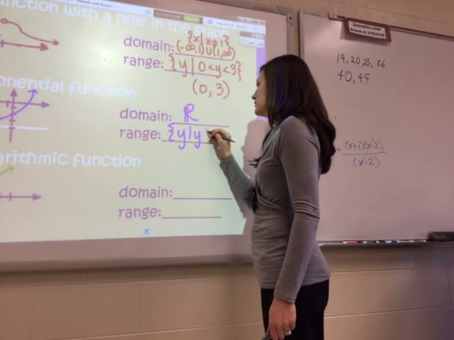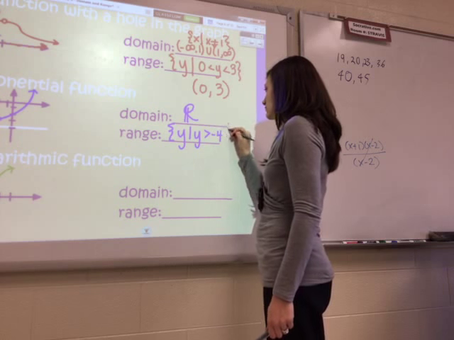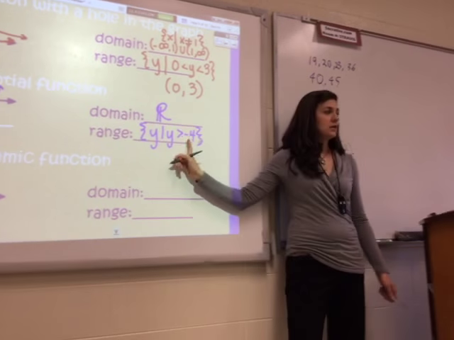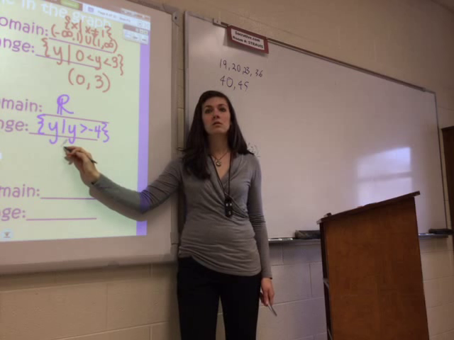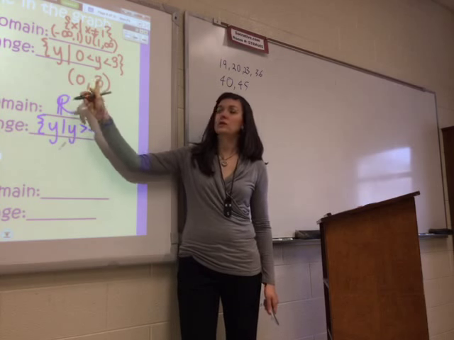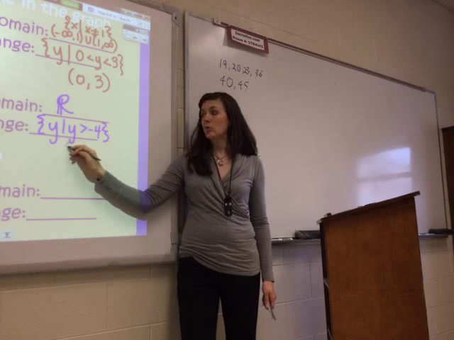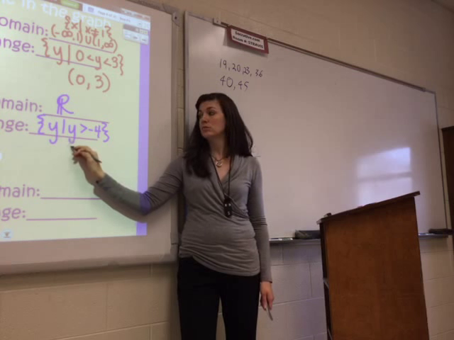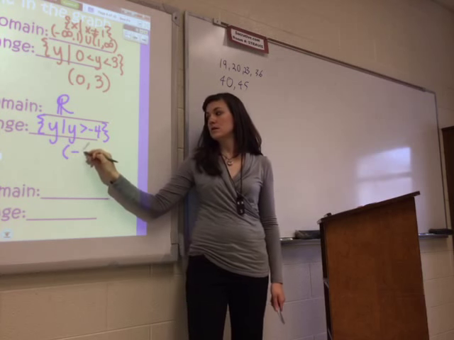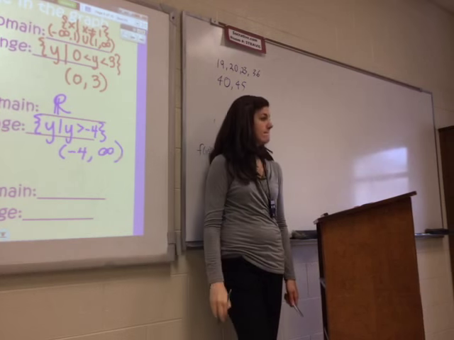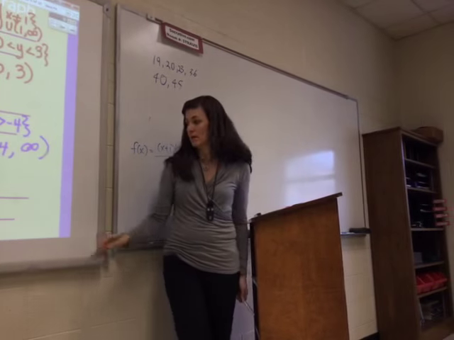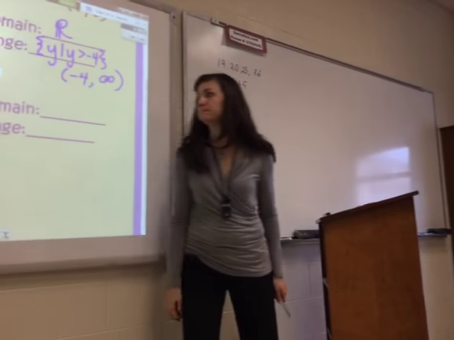So I'm writing this in all different forms. Can you do this in interval notation? Interval notation like this, Kevin. Parentheses, -4, comma, infinity, parentheses. Everybody okay? All right, let's do this last one.